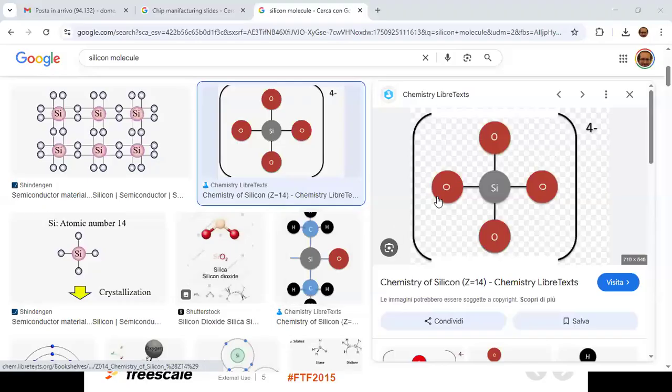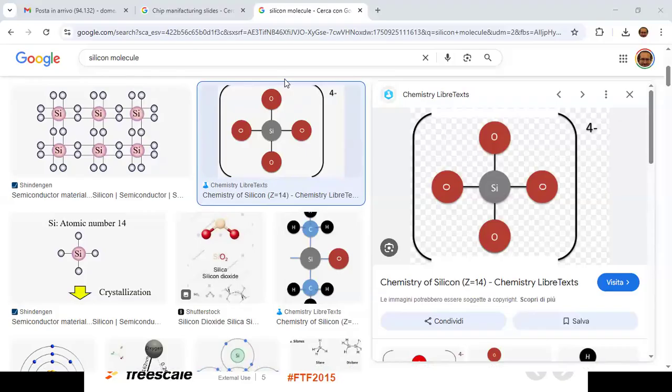Silicon is a type of material. Let me share my screen. Copper, iron, and so on are materials that we can say are made by one single type of atom. So copper is made only of atoms of copper, iron is made only of atoms of iron, and so on.